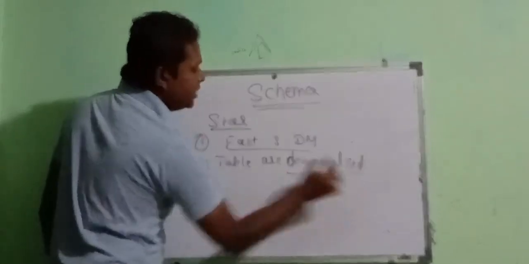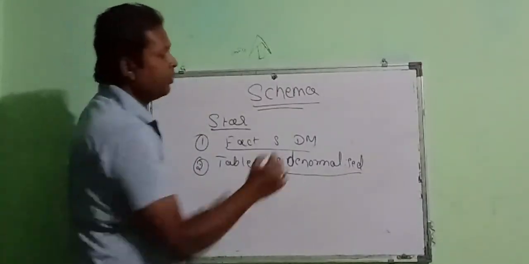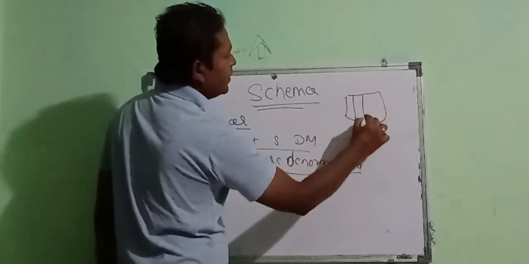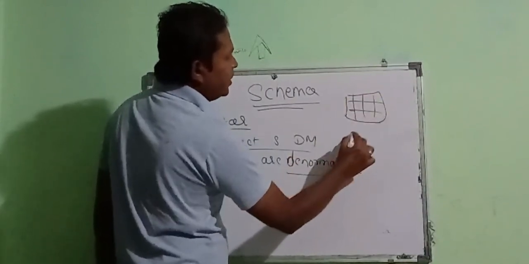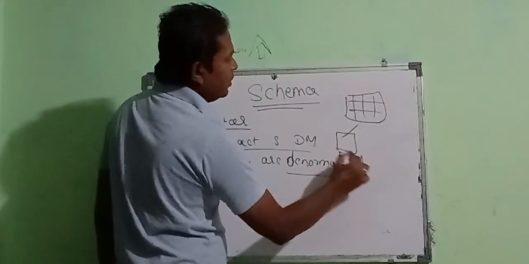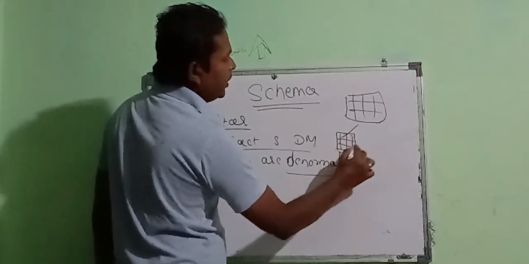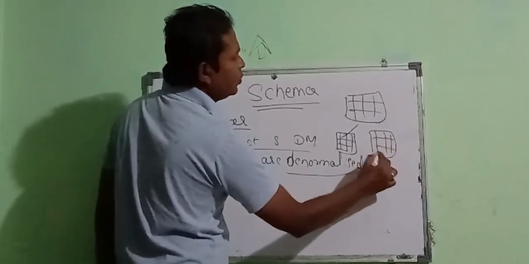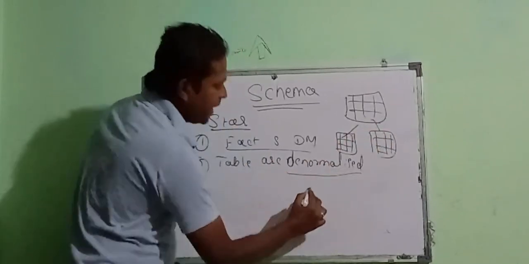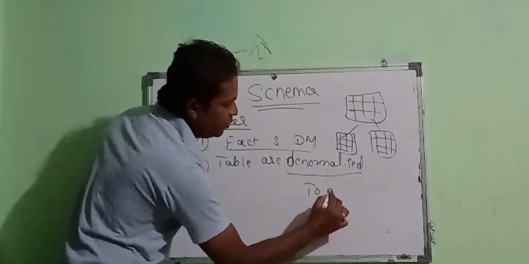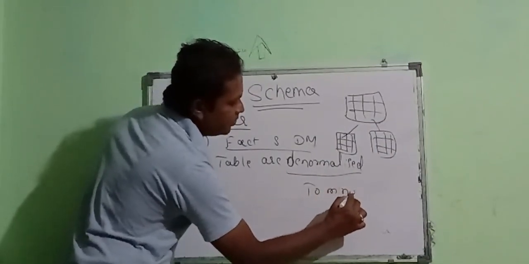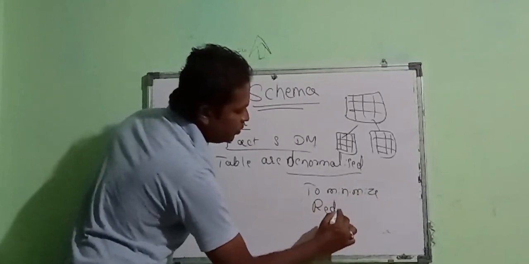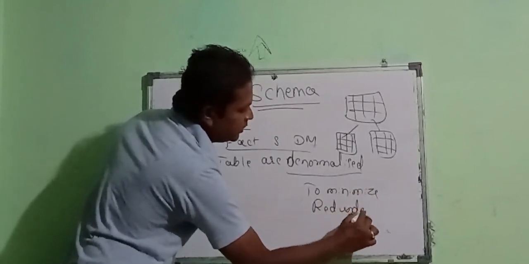So what is denormalized and normalized? Normalized means one table can be divided into two tables to minimize redundancy. What do you mean by redundancy here?